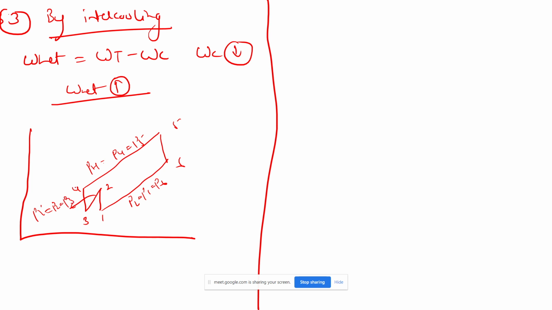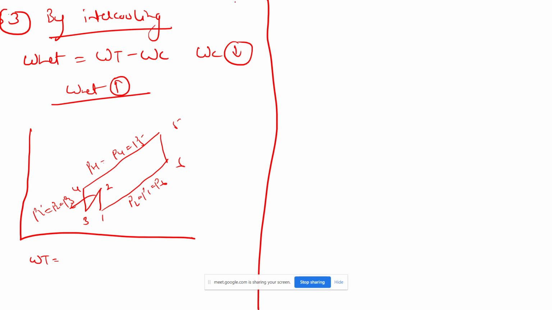So can you tell what will be the effect of this intercooling on the performance of the gas turbine? What will be the effect on the turbine work? There will be no effect on the turbine work. It is the same.